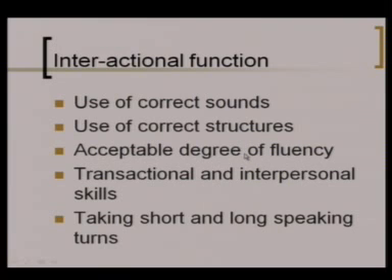Acceptable degree of fluency, without stopping, without pausing very long, without repeating, without stuttering, stammering. Transactional and interpersonal skills. Interpersonal, because I know what is my relationship with the other person and how I need to speak. Because how I speak, my tone tells my attitude and my mood. So I have to be careful. Taking short and long speaking turns. Again, am I expected to speak long or short?